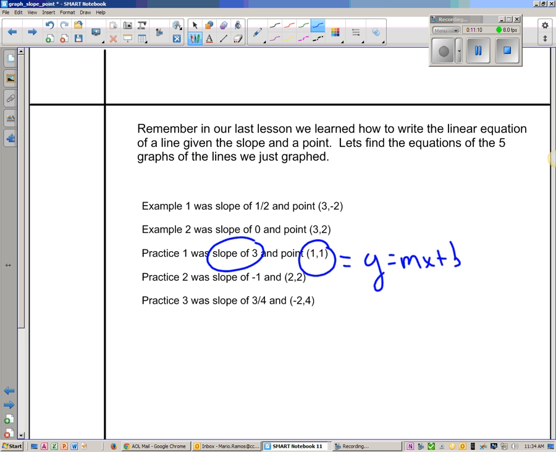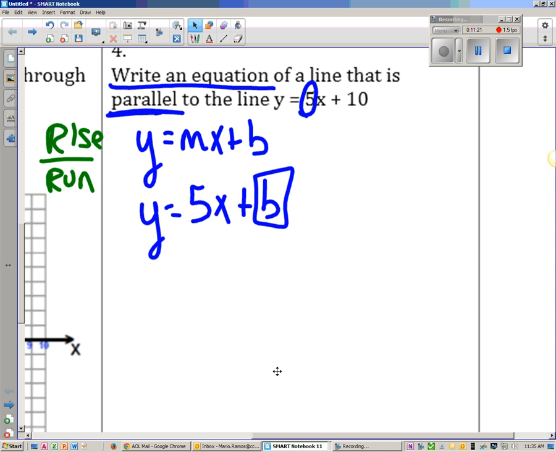You did have your notes on this, and so remember, you're given a slope and then you're given a point, and you had to come up with the y equals mx plus b equation. So going back to our equation, oh look, we're given a slope and then we're given a point.